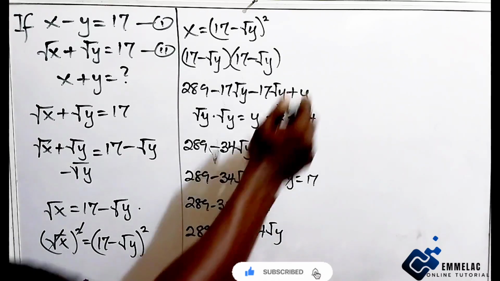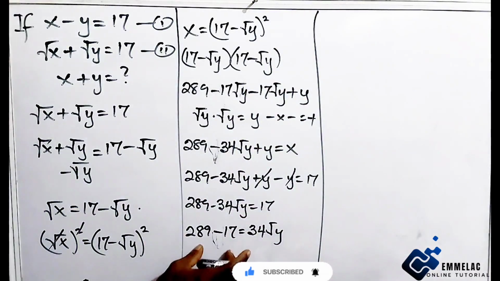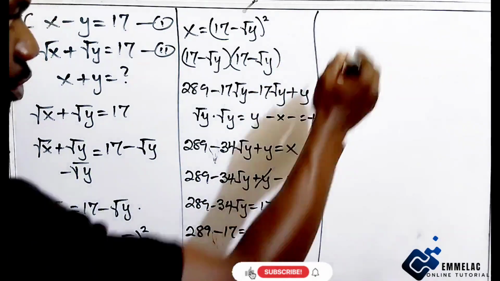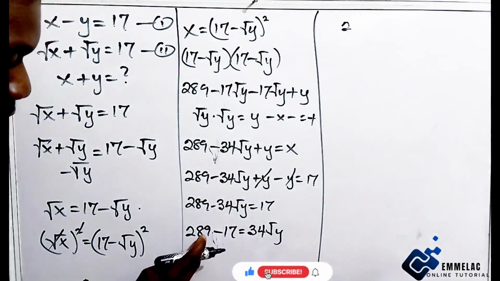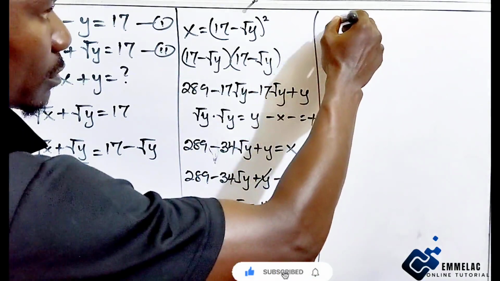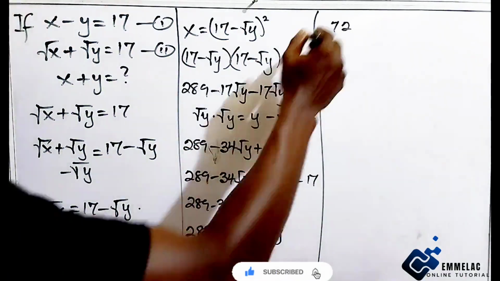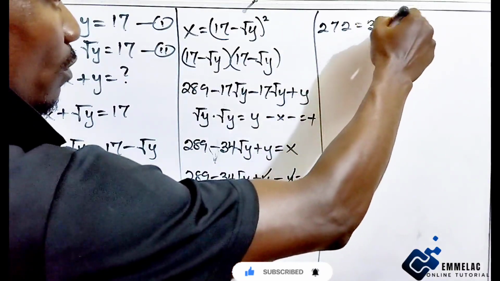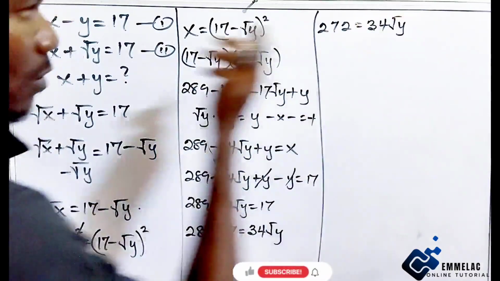And when we solve this, this should give us 2, then 8 minus 1 is 7, then bring down 2, then equals 34 square root of y, that is 272.